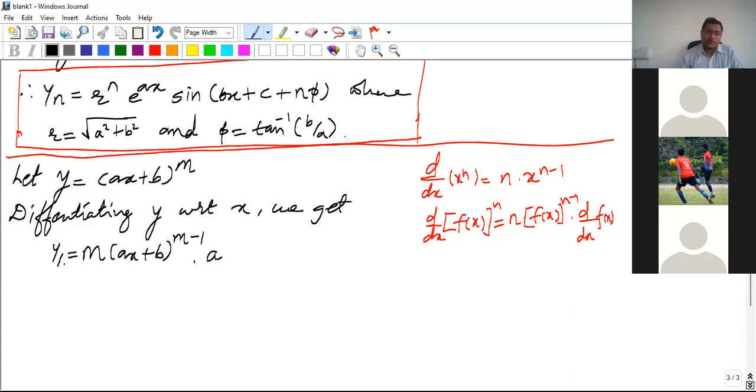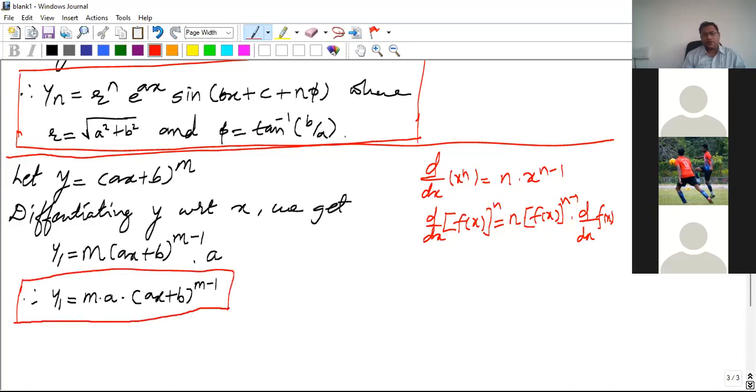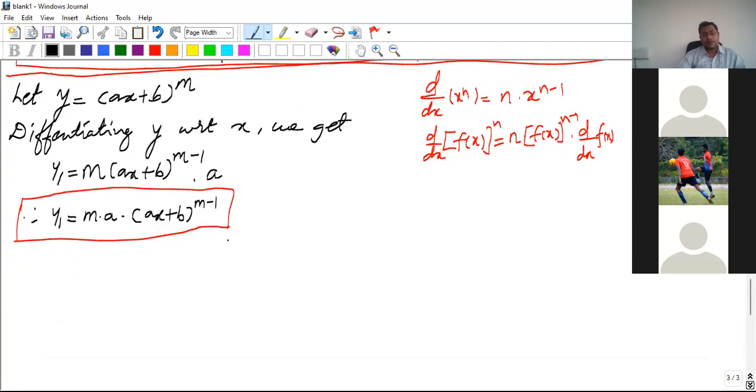So what we got here is the first order derivative y1 equal to m into a into (ax plus b) raised to m minus 1. Are you getting this term? Yes, it's easy. Now again differentiate this.